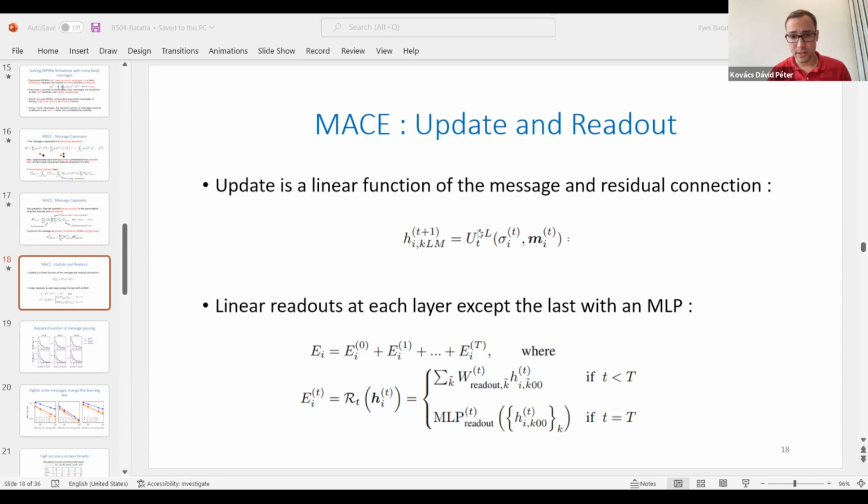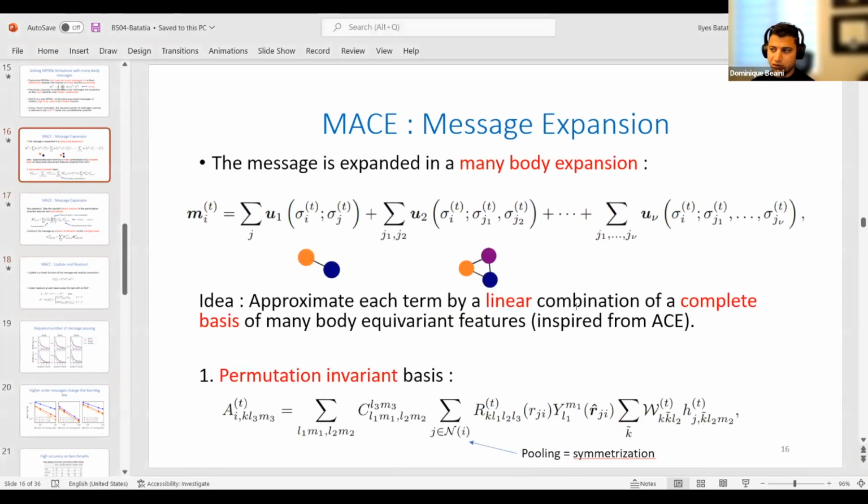So was there one more question by Dominic or no? Yeah, I just want to clarify a few things, just to make sure I understand everything. The R terms and Y terms are taken from spherical harmonics, right?